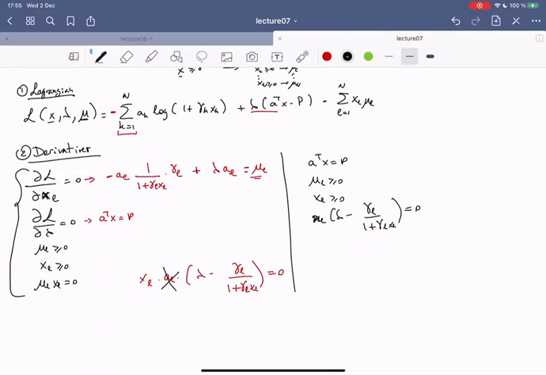And now the mu_l I can replace with the expression here. So I can say that lambda minus gamma_l over 1 plus gamma_l x_l should be greater or equal than 0. Good, already it's simplified a little bit.